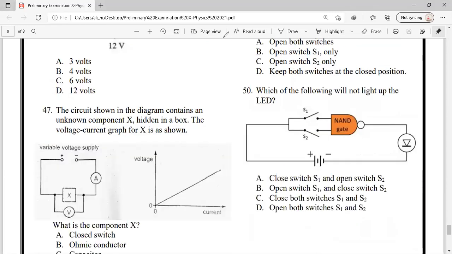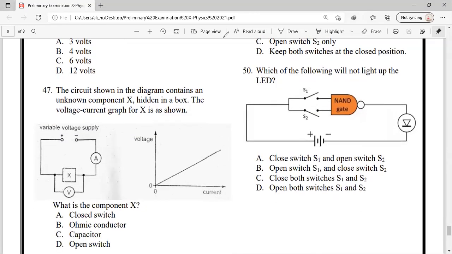Then we have question number 50, the last question of this examination paper. Which of the following will not light up the LED? This is our LED, and not lighting up the LED means the output from this NAND gate is 0.